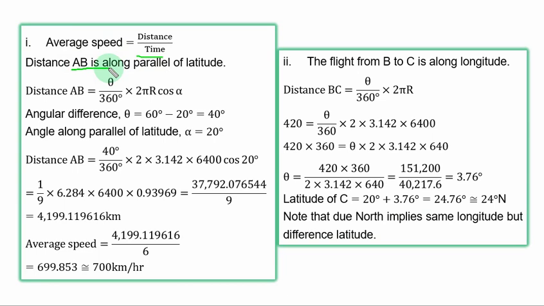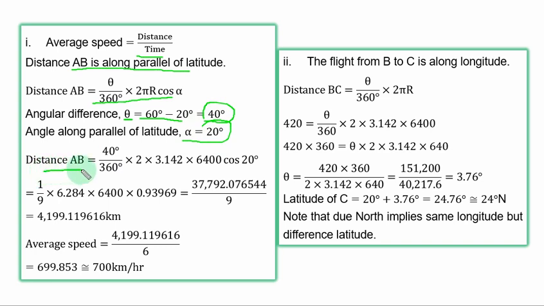Distance AB is along a parallel of latitude, that is a small circle, and you obtain such a distance using this formula. Now, the angular difference theta, because the points are on the same side of the meridian, you subtract, that is 60 degrees minus 20 degrees, you get 40 degrees. Alpha is the angle along the parallel of latitude, that is 20 degrees.